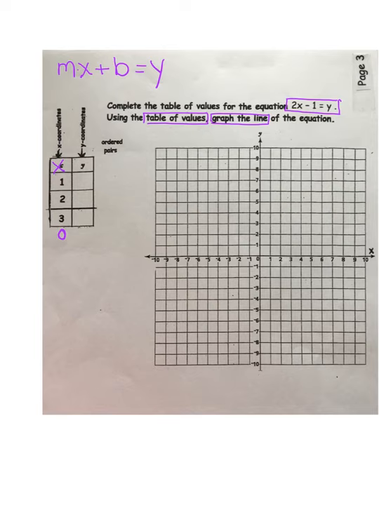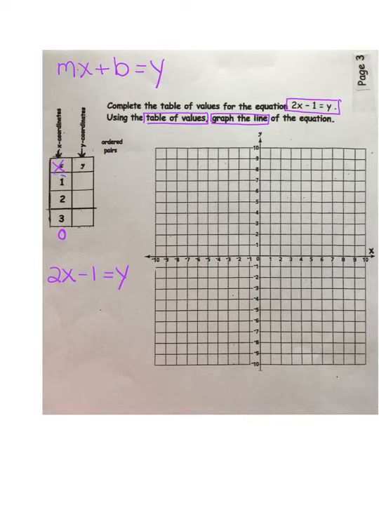The equation states, please record these notes on your paper, 2 times x. We're going to double every x and take away 1, and that will give us our y value. And that's what we're in search of. What are our y values?